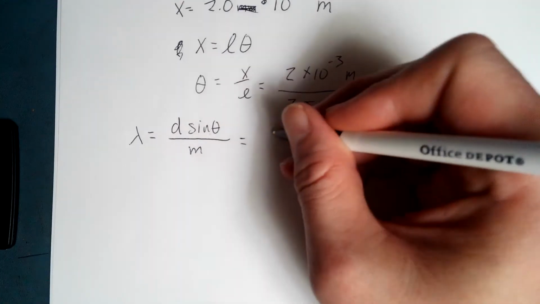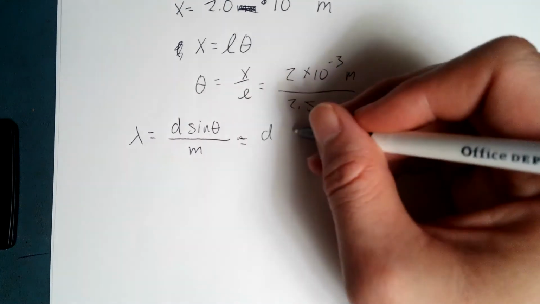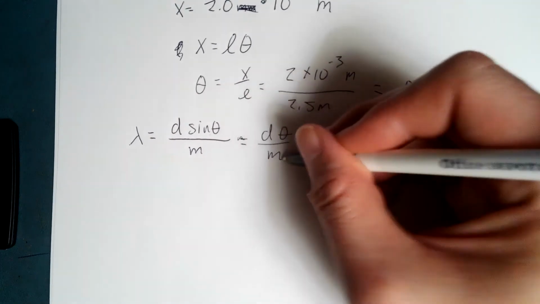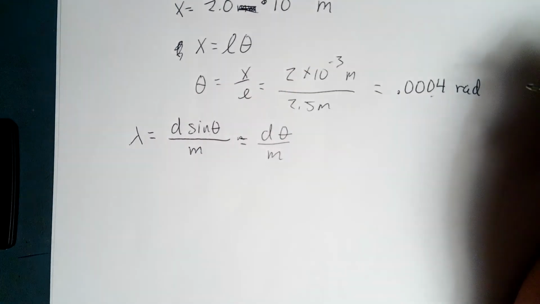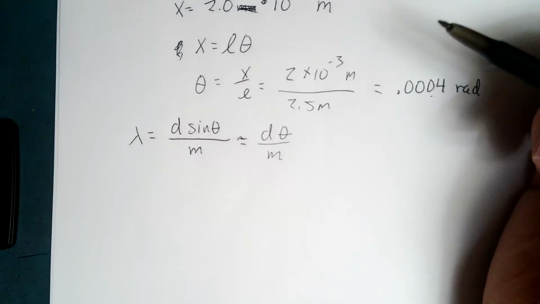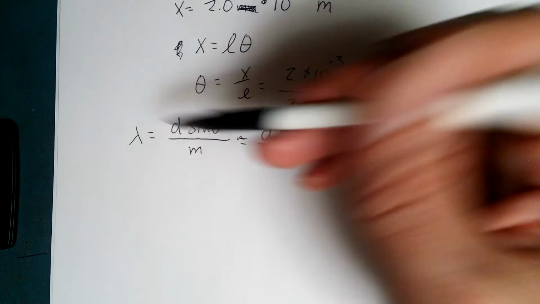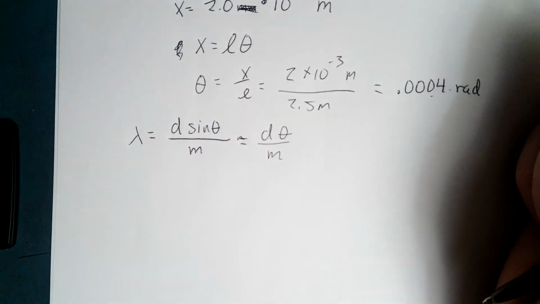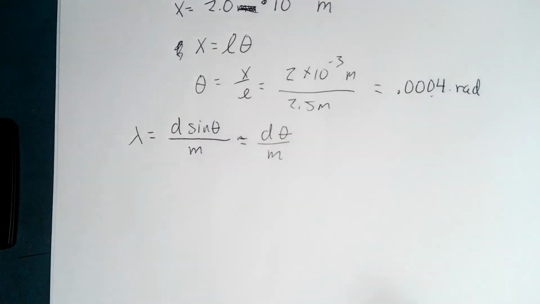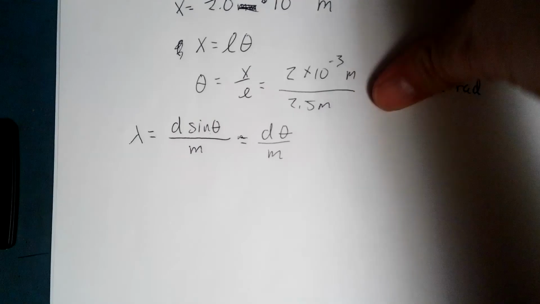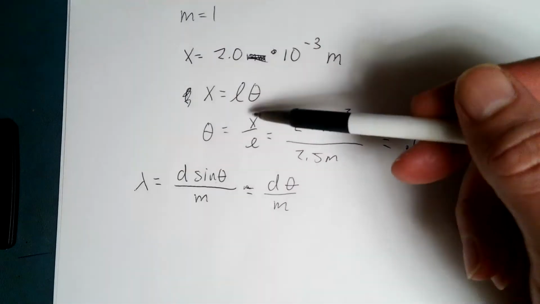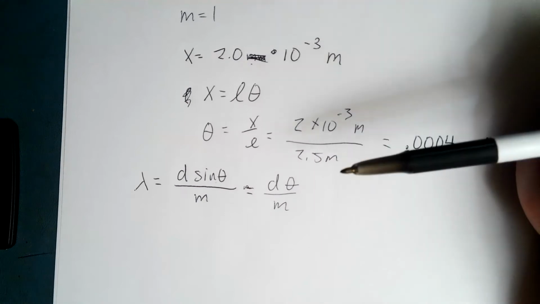So we can say this is approximately equal to d theta over m. Okay, and then you have d here, you have theta, m is 1, and your answer will come out in meters. Okay, so repeat that for red light. The only difference is x is going to be different. That's it.